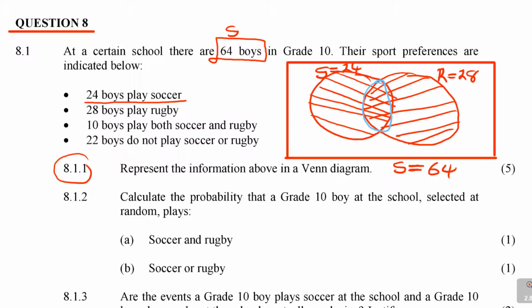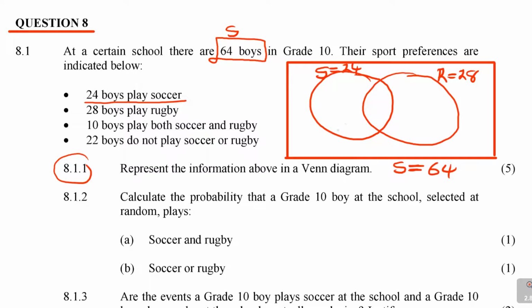So if I go back and open it up, they didn't tell us about this particular center, which is interesting, those who are playing both rugby and soccer, because we are not told. We are going to call them X. We don't know these students who are playing both soccer and rugby. Now they are telling us 10 boys play both soccer and rugby.